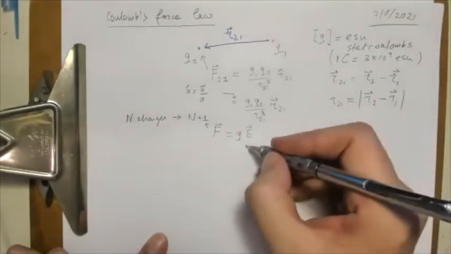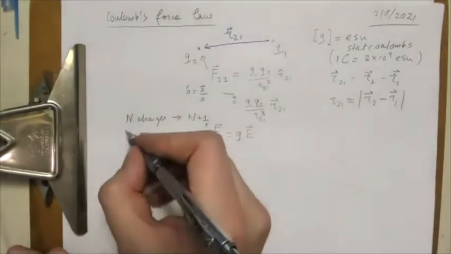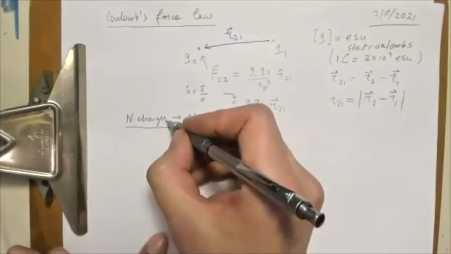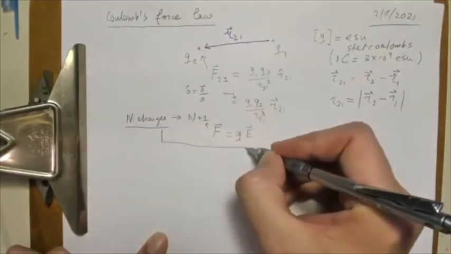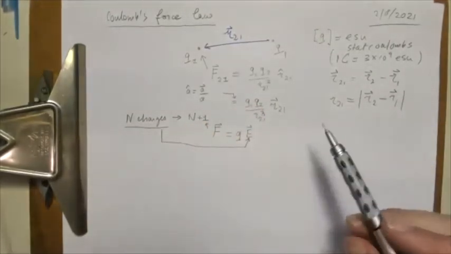The origin of that electric field is due to the n charges that we had arranged before.